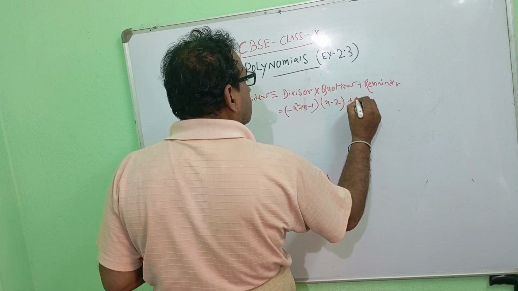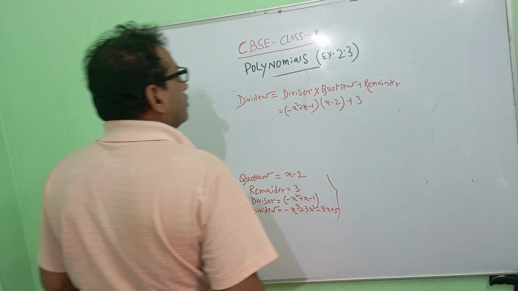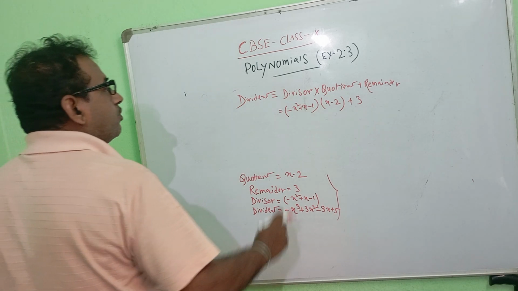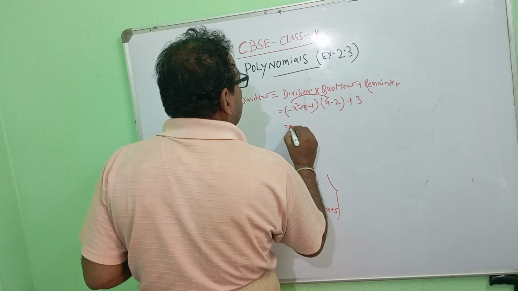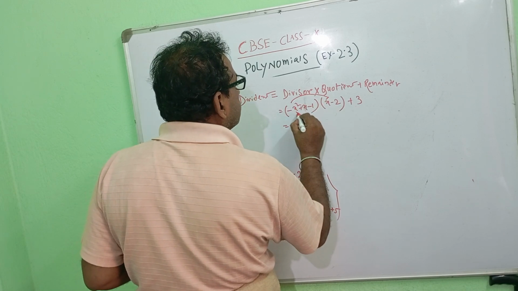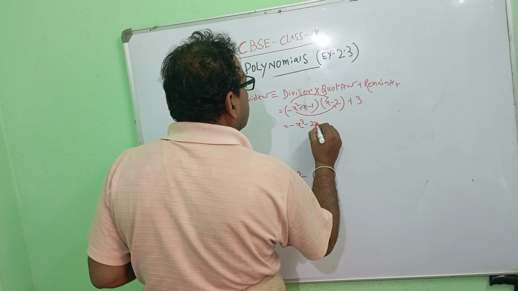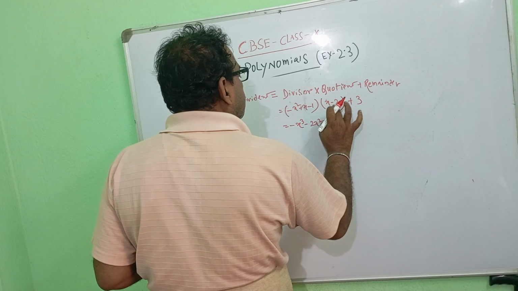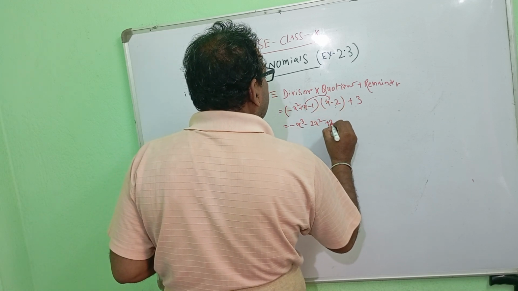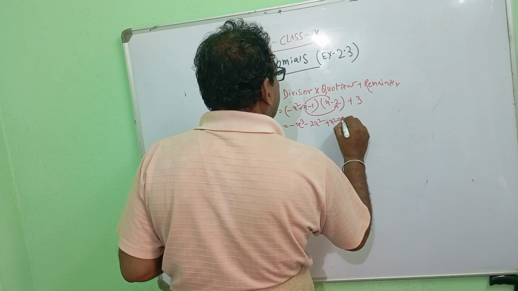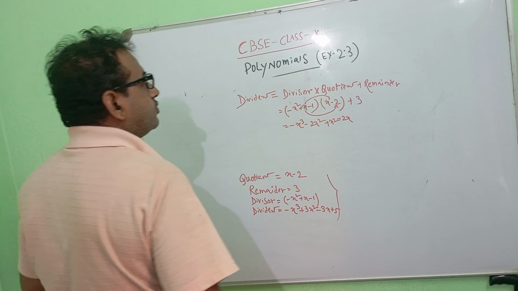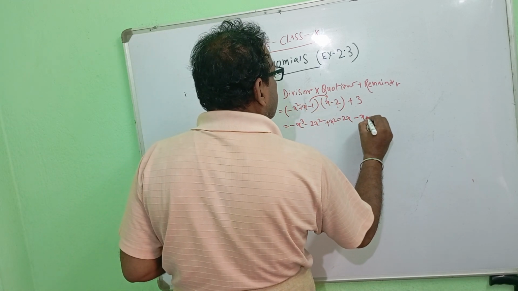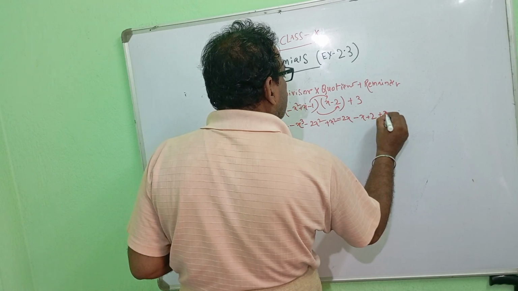What is remainder? Now if you multiply this, minus x cube minus 2x square, then plus x square minus 2x, minus x plus 2 plus 3.